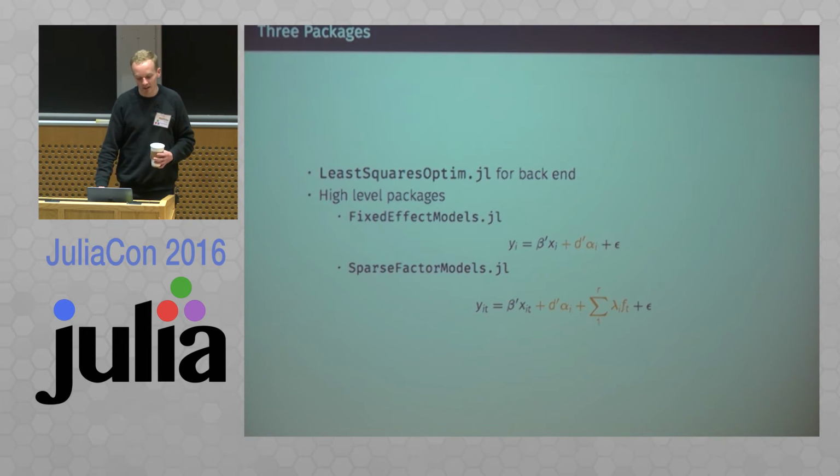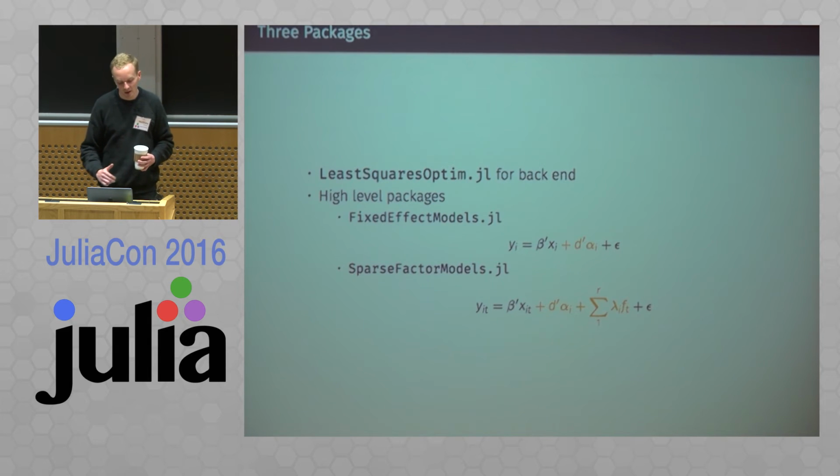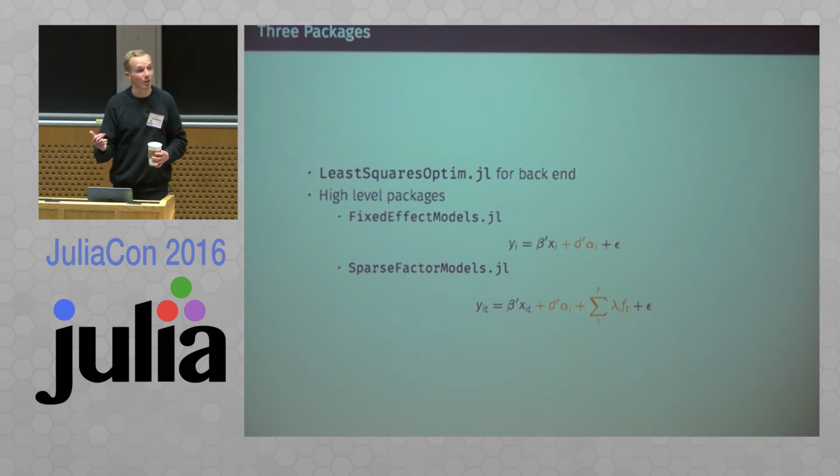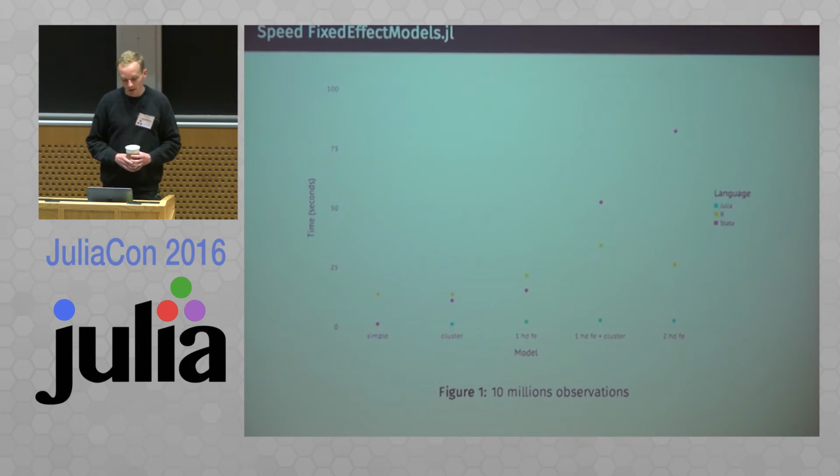The first is fixed effect models, which are linear least squares with a lot of regressors, and the second, sparse factor models, is nonlinear in the sense that you have this sum of lambda_i f_t, and you want to estimate both the lambda_i and the f_t.